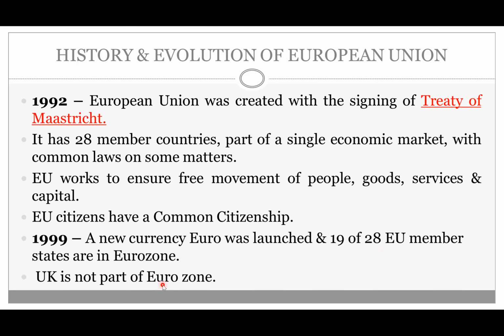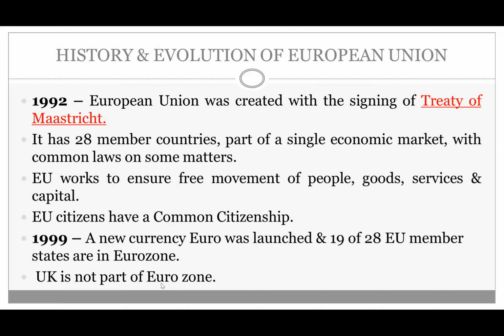We are focusing on UK because this history and evolution of EU becomes important only because Brexit is in the news. Brexit is happening since 2016 when there was a referendum conducted by the British government, and people of Britain were asked whether they wish to stay within European Union or they wish to come out of it. Majority decided, though it was a very thin majority, that they wish to come out of European Union.